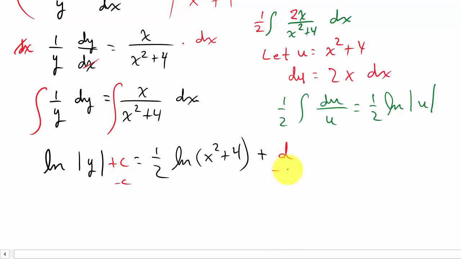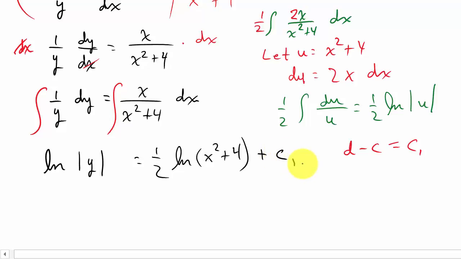If I subtract the c to both sides, I get d minus c. So if I have an arbitrary constant minus another arbitrary constant, well, that's just going to give me another arbitrary constant, and we just call it c1. Okay, and so you can see that we wouldn't have the plus c over here, and then the d minus c, well, that's just the arbitrary constant c1.